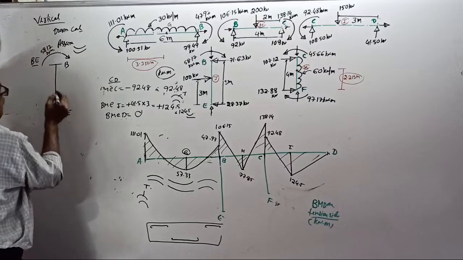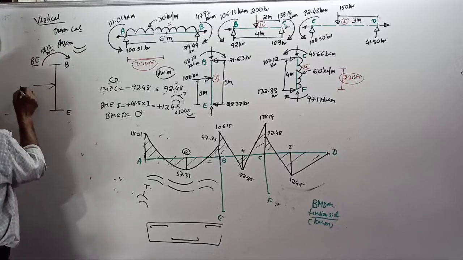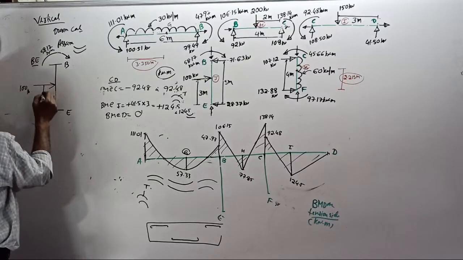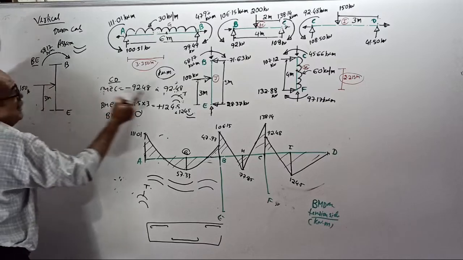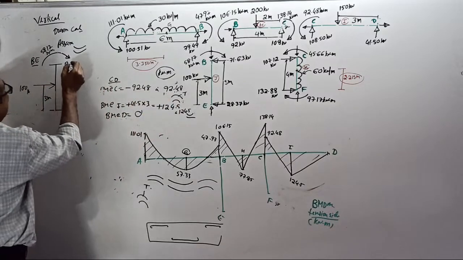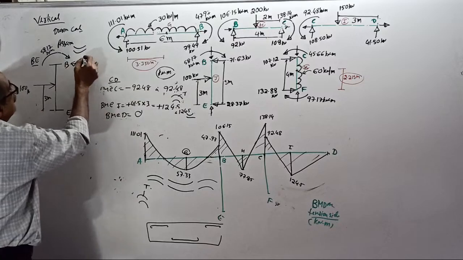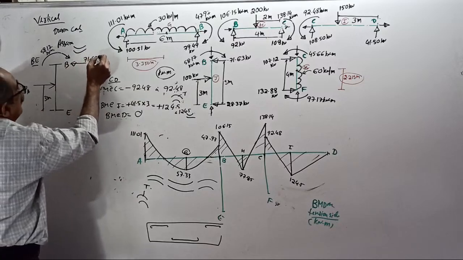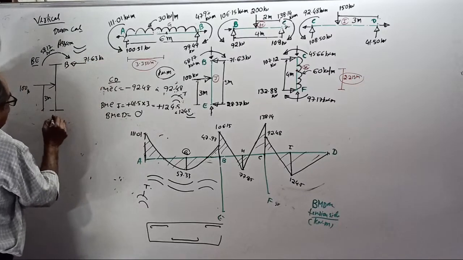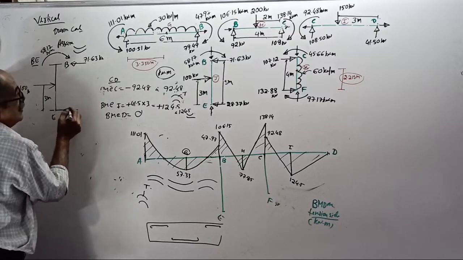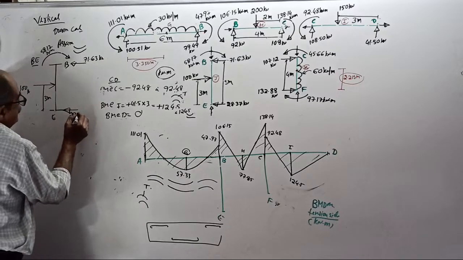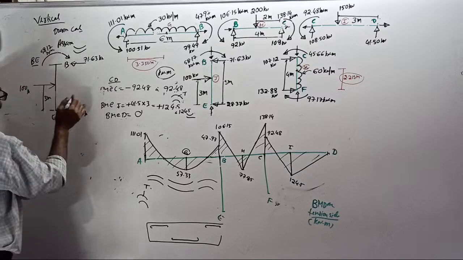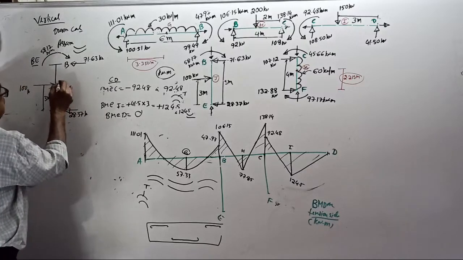No moment here. A load of 100 kN here at 3 meters. I am explaining once again. And there is a reaction here of 71.63 kN and a reaction here of 28.37 kN. Now, this is E, this is J.